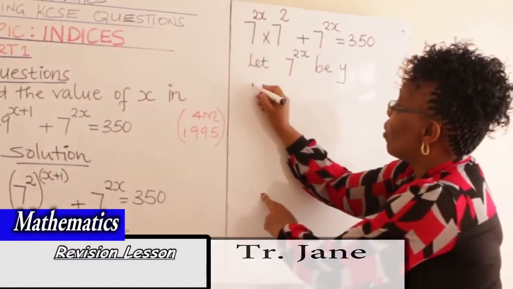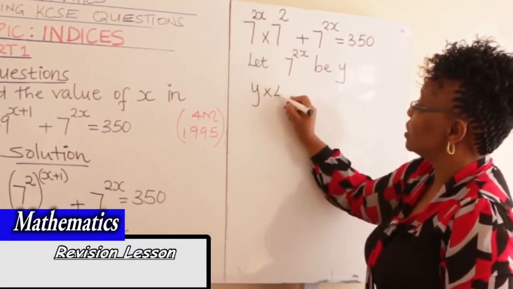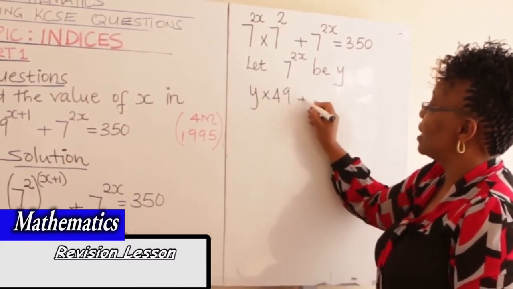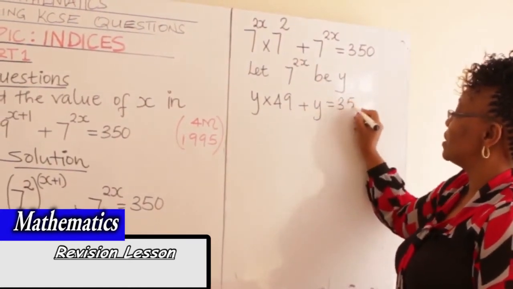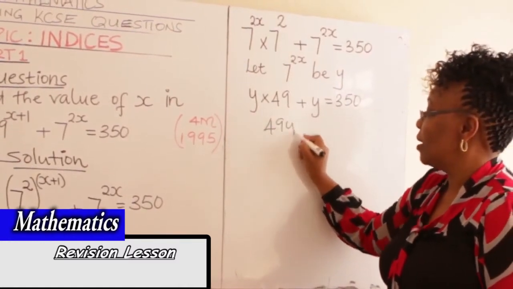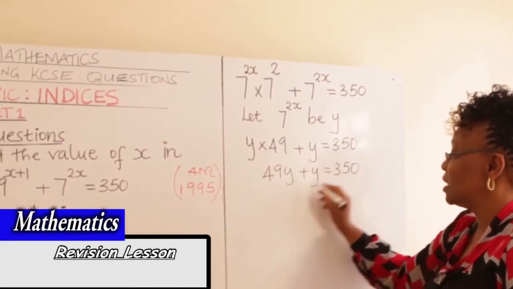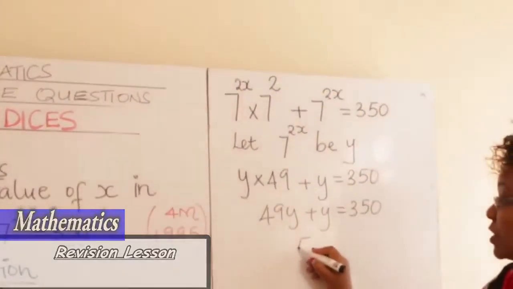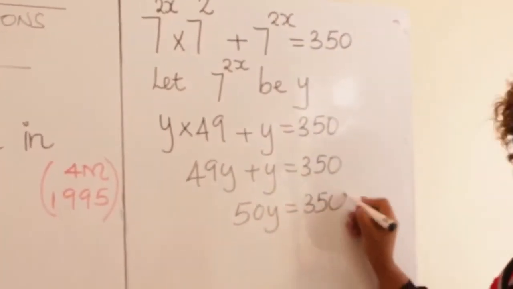So you have y times 7 squared is 49 plus y is equals to 350. And therefore multiply out, this will be 49y plus y is equals to 350. This gives you 50y is equals to 350.